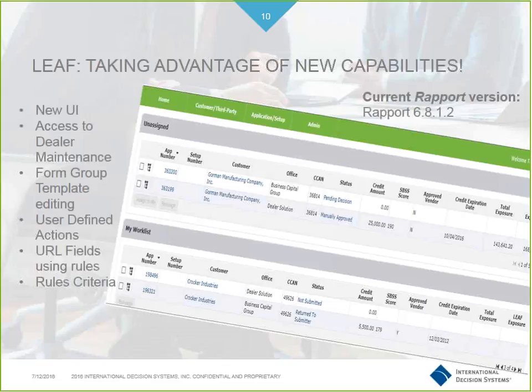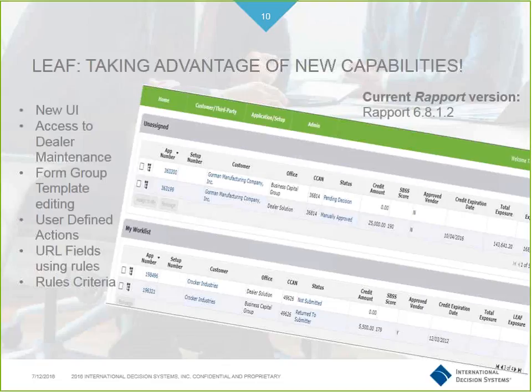And then lastly, another one of my favorites as an admin is the rules criteria. I cannot tell you how many fields I have hidden on my screens that are differences between one field and another field, because previously you could not evaluate against two fields. The only way to do it was if they were numeric, and you could do a difference, and then you could evaluate on the difference.